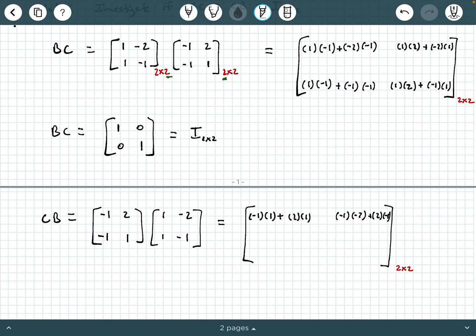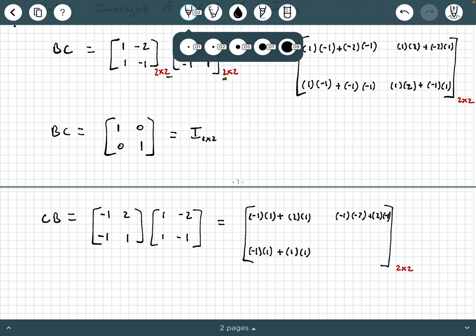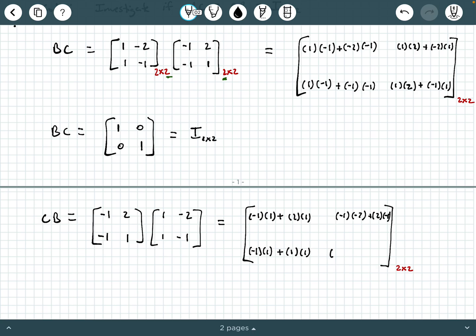Okay, then we're going to say row 2 times column 1. It's going to give us -1 times 1 plus 1 times 1. And then finally, row 2 times column 2. So we're going to have -1 times -2 plus 1 times -1.